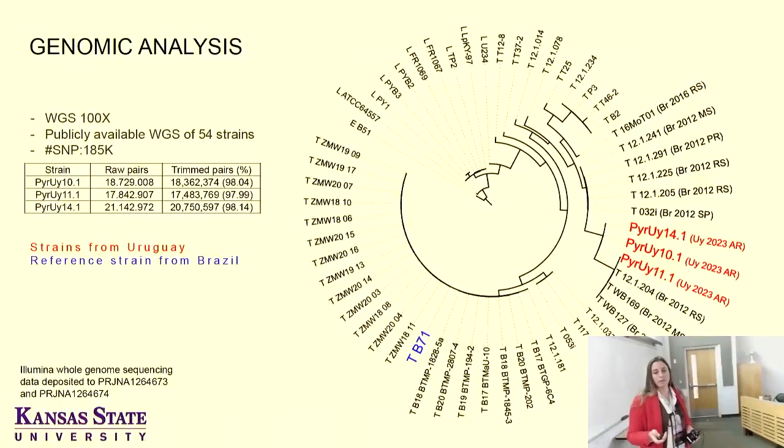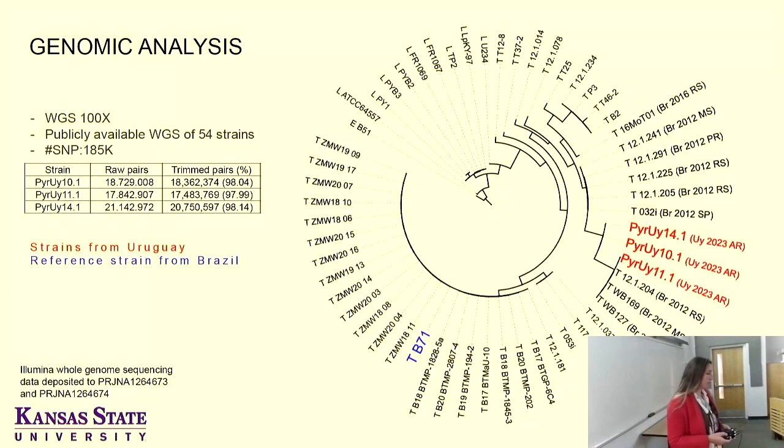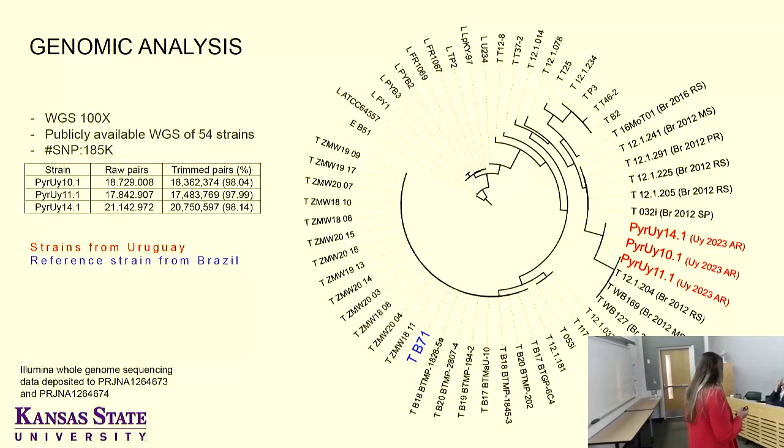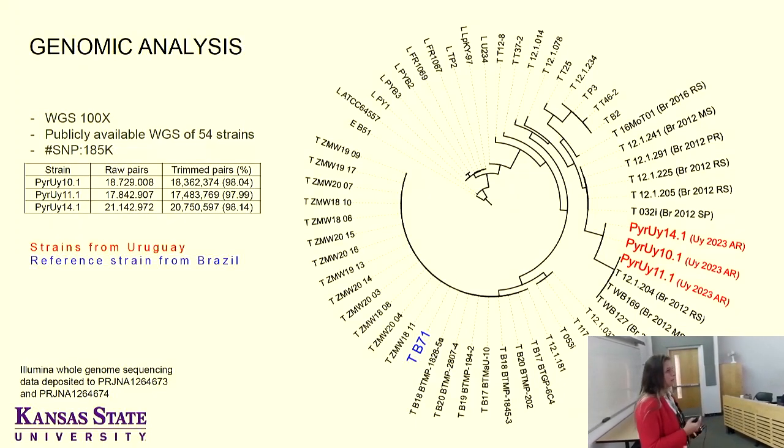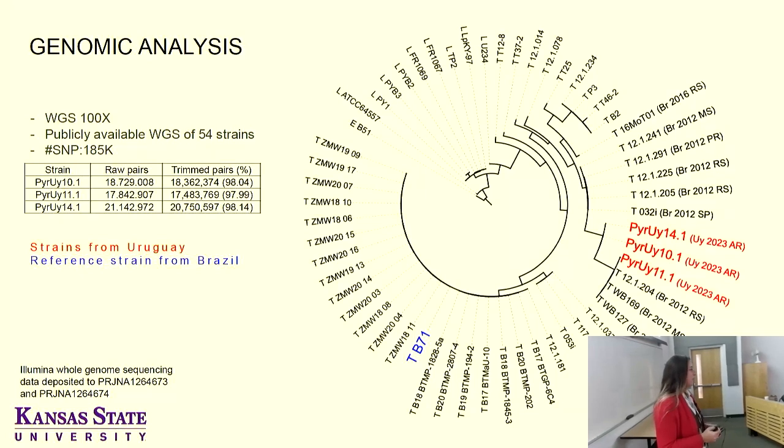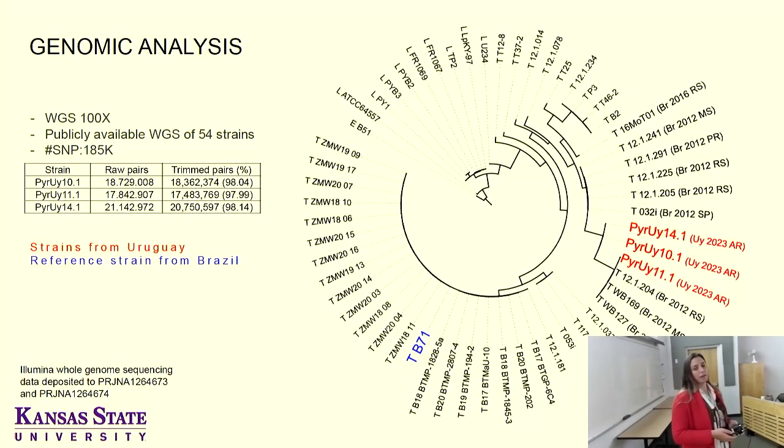And so after this, we took those 4 isolates, and we took DNA and we sent them to K-State. So I did my PhD at K-State, so we have a really nice collaboration there.